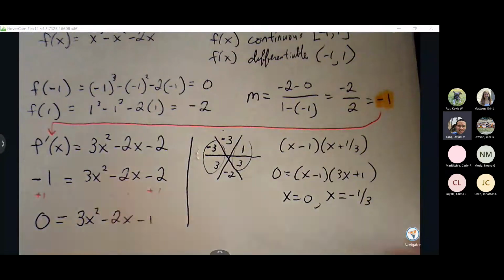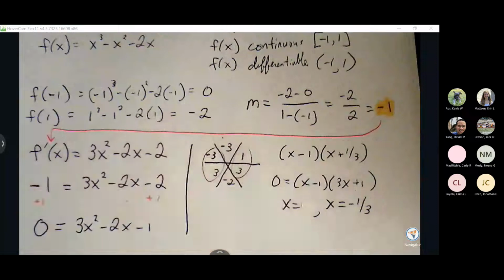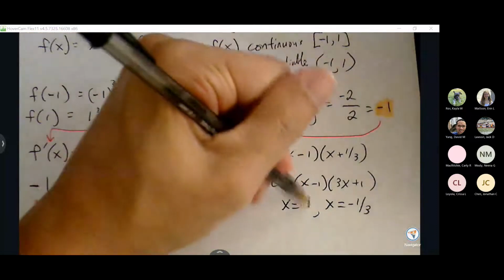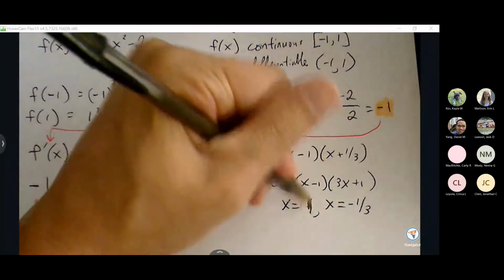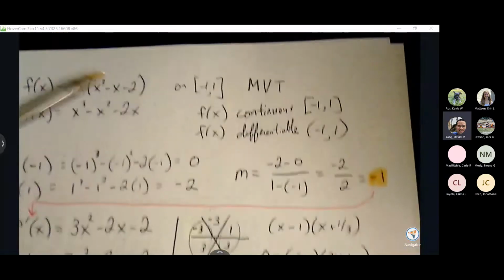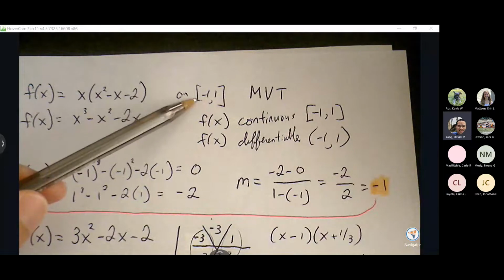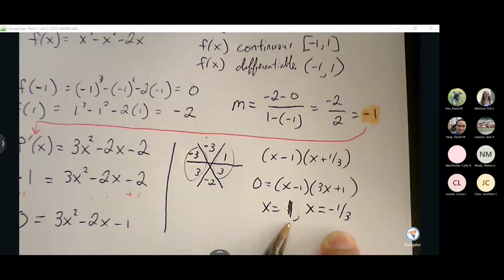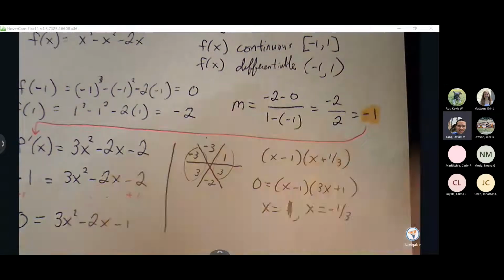Sorry, 1, not 0. All right, so again, we run into the same issue as the previous problem, that 1 is a little bit outside the interval. So we're only going to keep this -1/3.